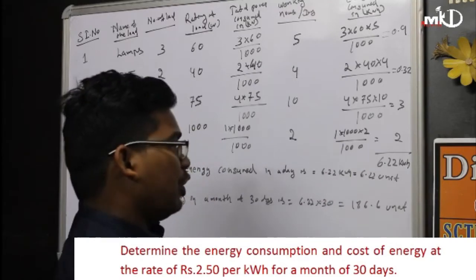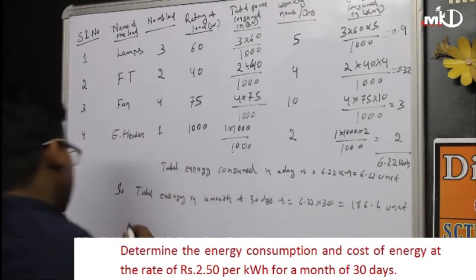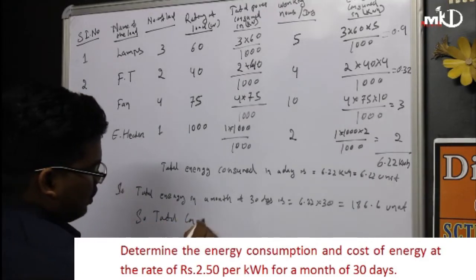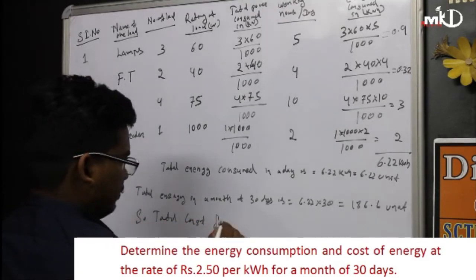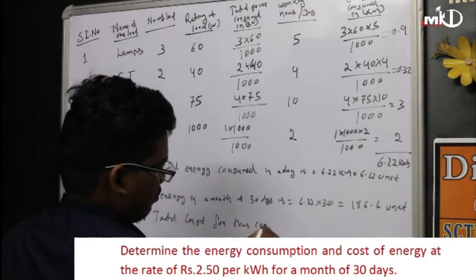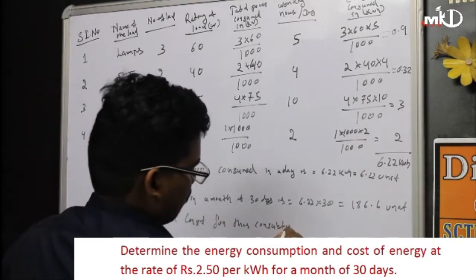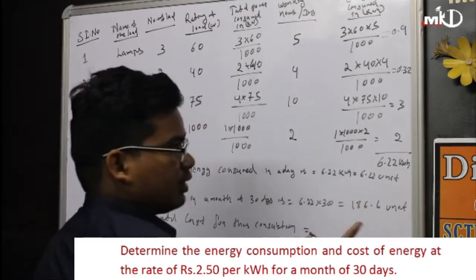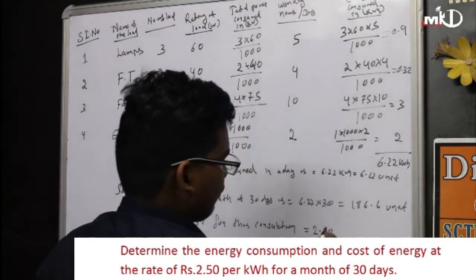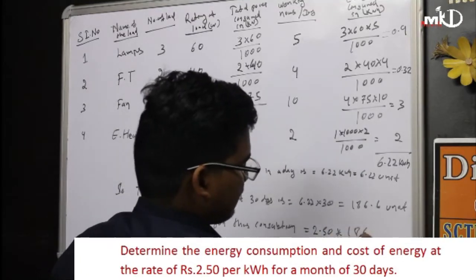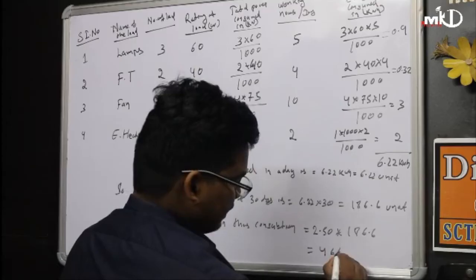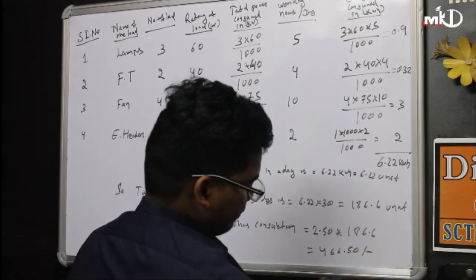So per unit is 2.5 rupees. So total cost for this consumption equal to unit cost is 2.5 into 186.6 is equal to 466.5 rupees.